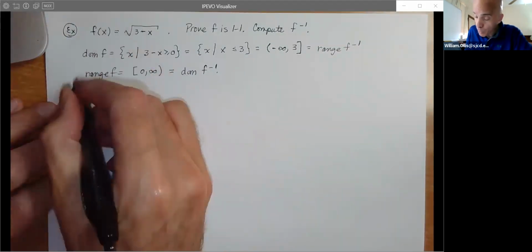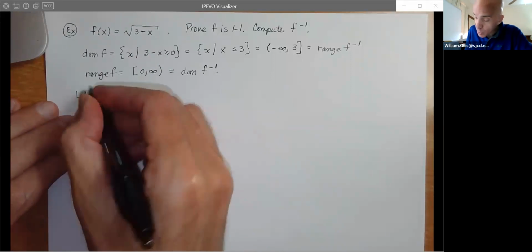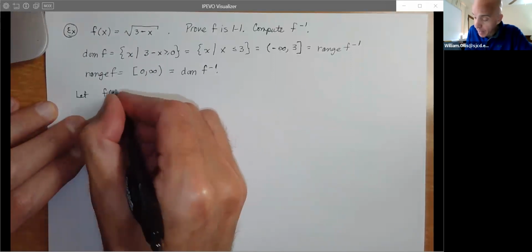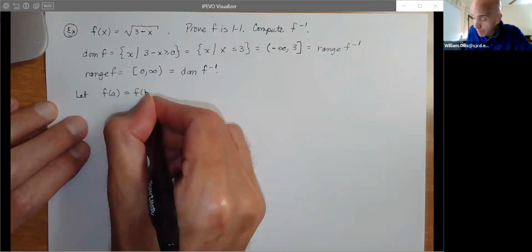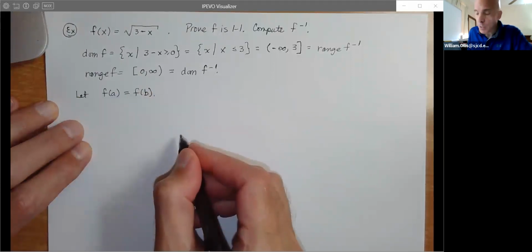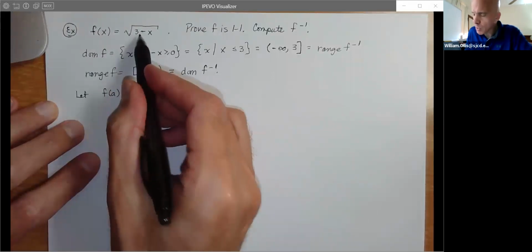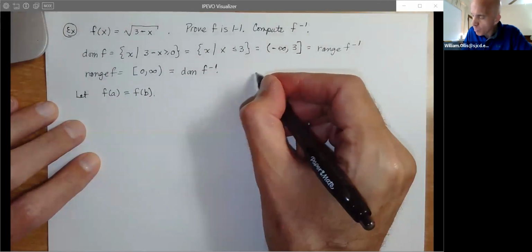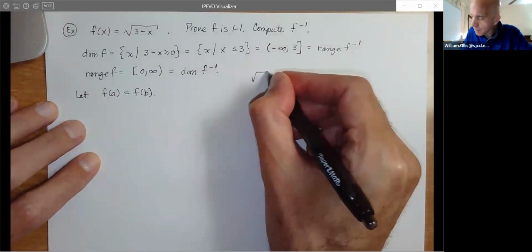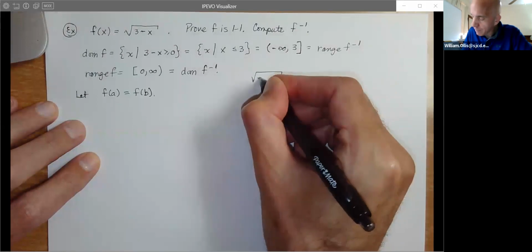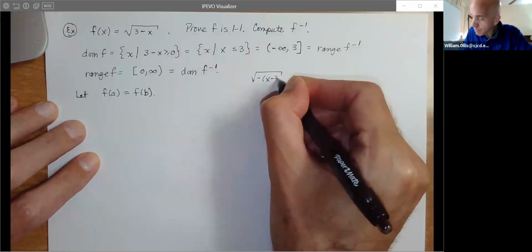So now we want to prove f is 1 to 1. So let f of A equal f of B. So you're thinking, well, that's a transformation, Professor Ron. Let's just say, we could factor the negative out of x minus 3.